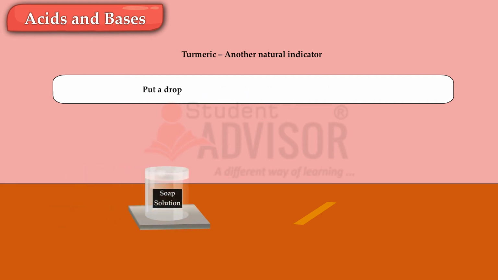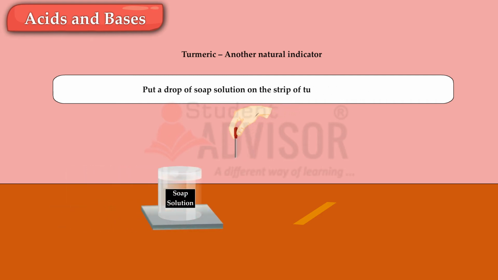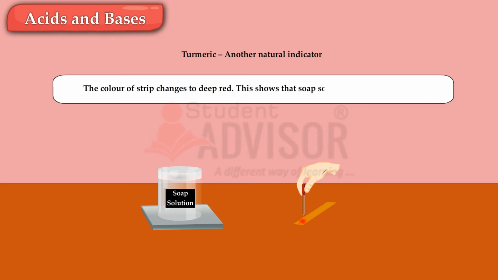Put a drop of soap solution on the strip of turmeric paper. The color of the strip changes to deep red. This shows that soap solution is basic in nature.